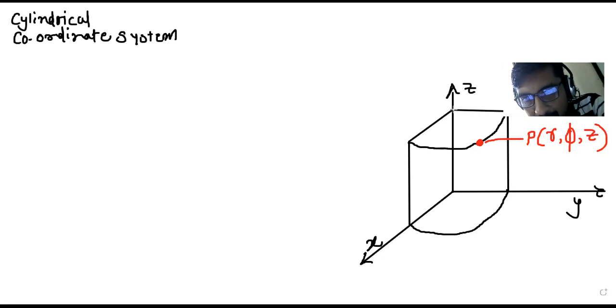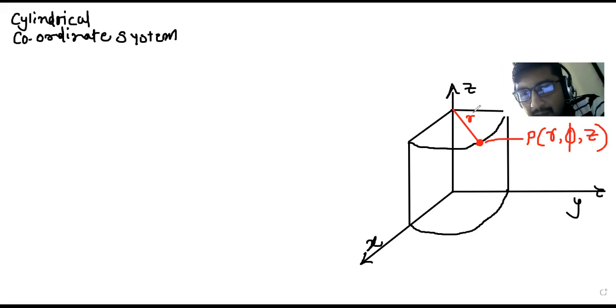R is nothing but the radius measured from the z-axis. So this is R, the radius measured from the z-axis, right? Of course, it would be on a center point, but we have to measure it from the z-axis.